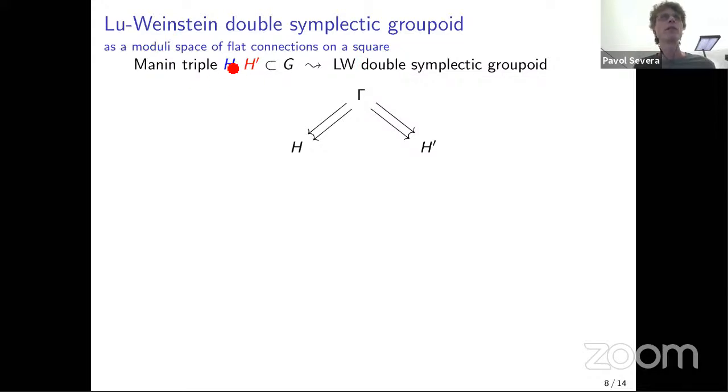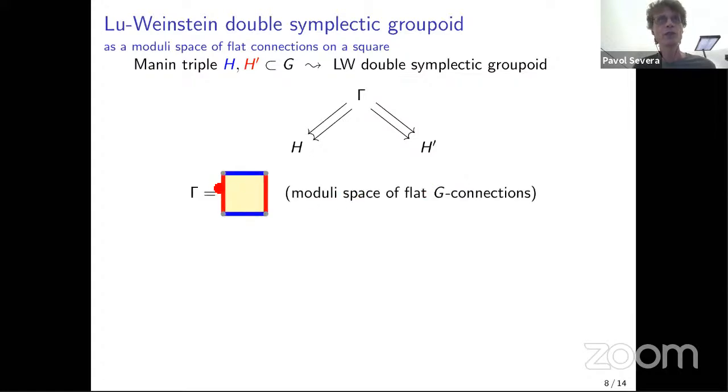If you take a Poisson Lie group H and its dual H prime sitting in the same Drinfeld double G, then they constructed a double symplectic groupoid gamma, which sits both over H and H prime, which is some kind of symplectic model for the quantum group in some sense. This thing beautifully contains the idea of duality between those two Poisson Lie groups.